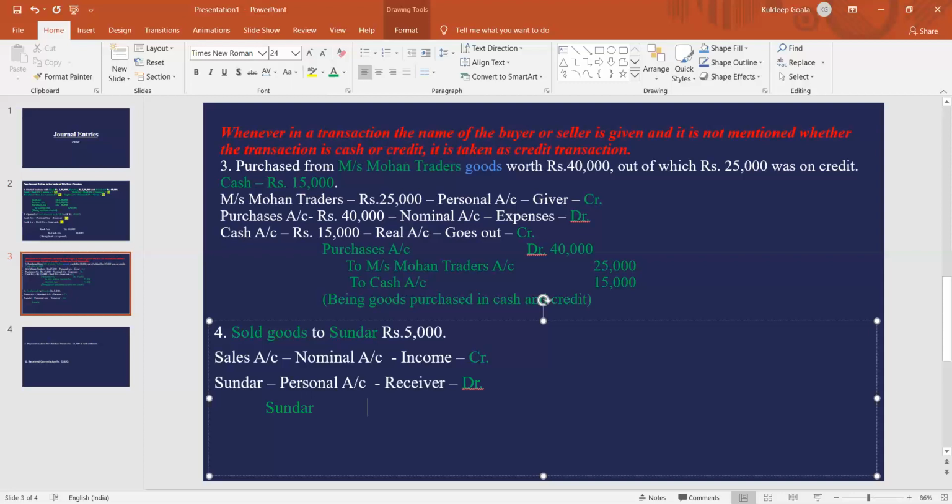Sundar debit how much? 5,000. 5,000 amount of goods, right? To sales account. How much? 5,000. Okay, then the narration comes in this way: being the goods sold. Clear? This is how your transaction will appear.